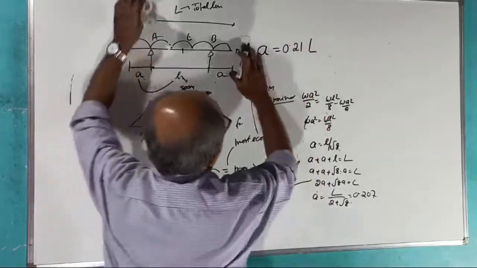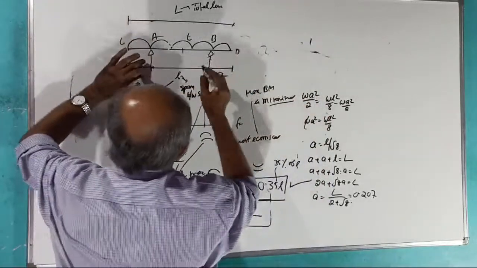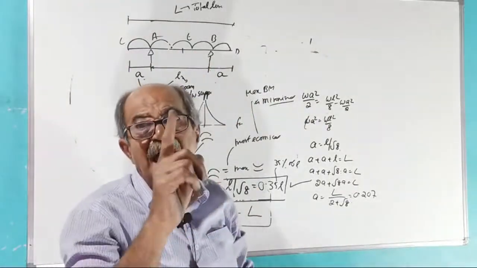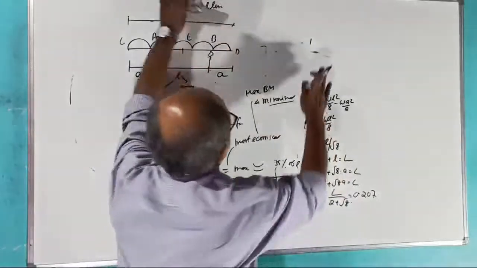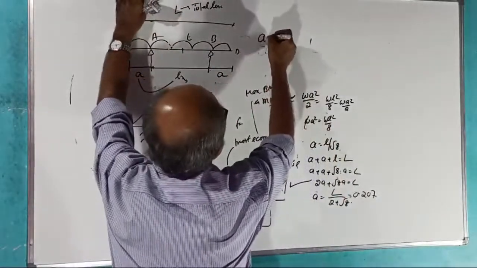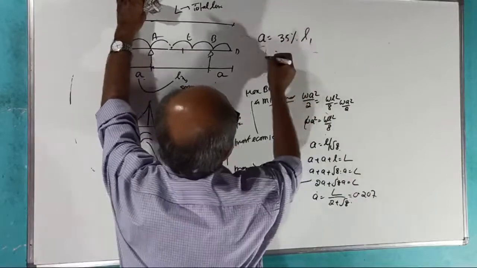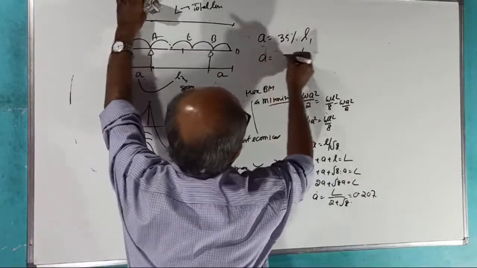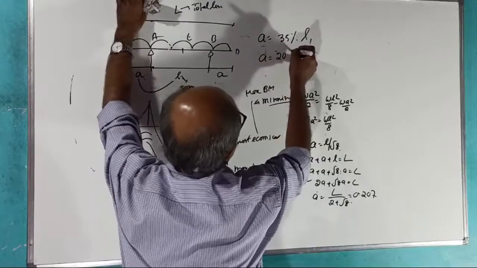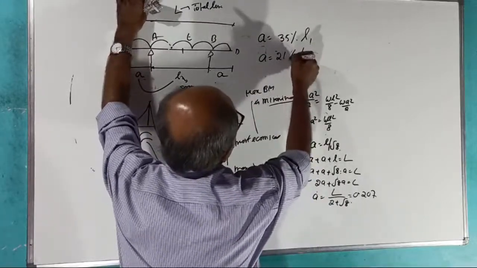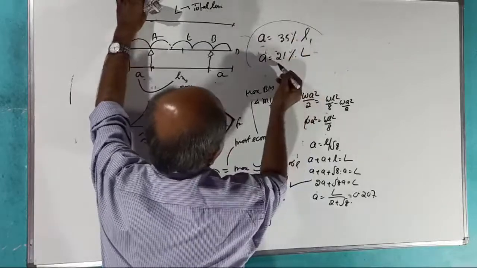So remember now, for maximum BM to be minimum, or for the most economical design, the condition is: if you link A with the small l, it is around 35%. If you link A with the capital L, it is around 21%. 7 3 21, 7 5 35.